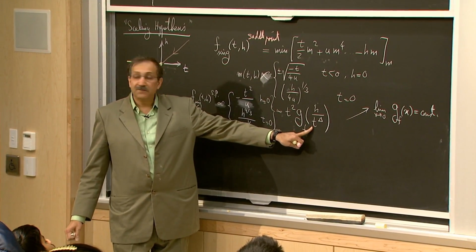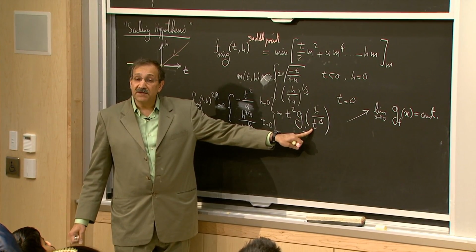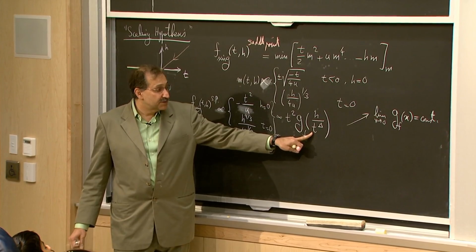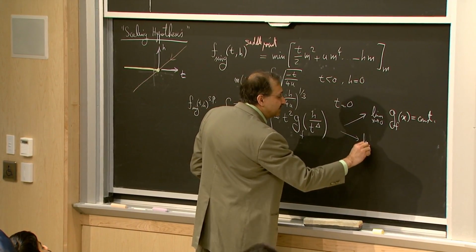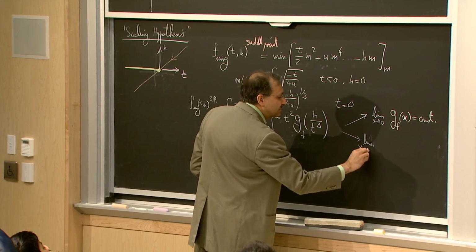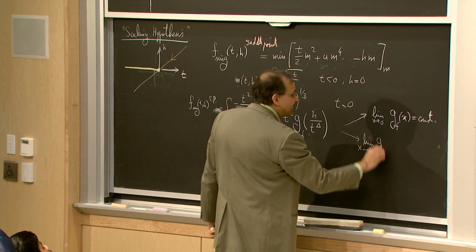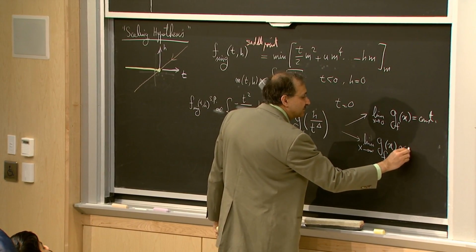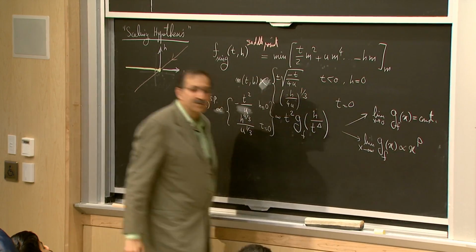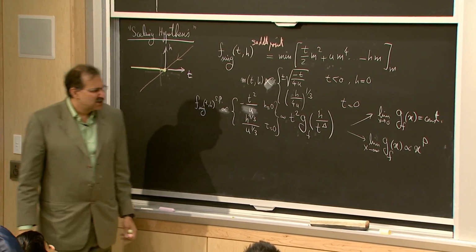The argument of the function goes to infinity. I need to know something about the behavior of the function at infinity. So let's say that the limiting behavior, as the argument of the function goes to infinity, of g sub f of x is proportional to the argument to some power p. I don't know what that power p is.